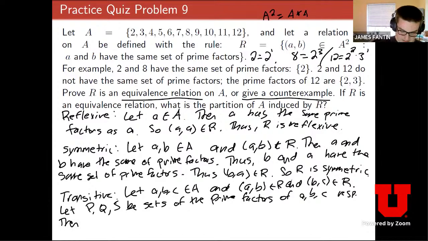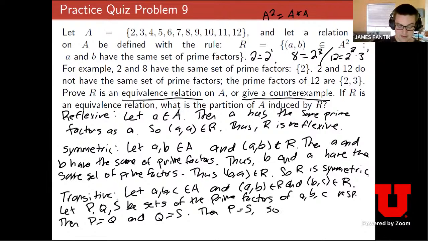So then if A is related to B, then P is equal to Q, and Q is equal to S, just by definition of AB being in the relation and BC being in the relation. And if P equals Q and Q equals S, then P must equal S. So P and S are the same set.